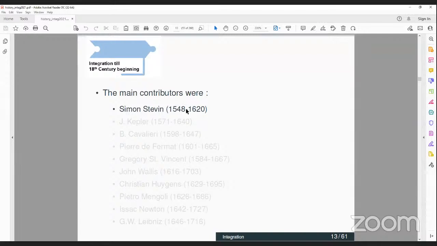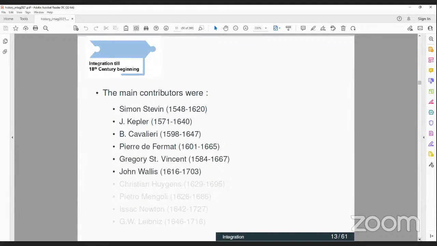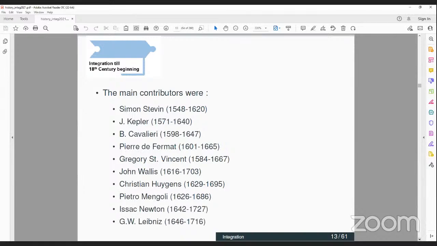But some of the people who made efforts to compute areas and volumes of various things, and succeeded, were Simon Stevin, Johannes Kepler, Cavalieri, Pierre de Fermat, Gregory St. Vincent, John Wallis, Christian Huygens, Pietro Mengoli, Isaac Newton and Leibniz. I have just picked out some names for which I could dig out examples from the historical books. Let me say one or two lines about some of them.